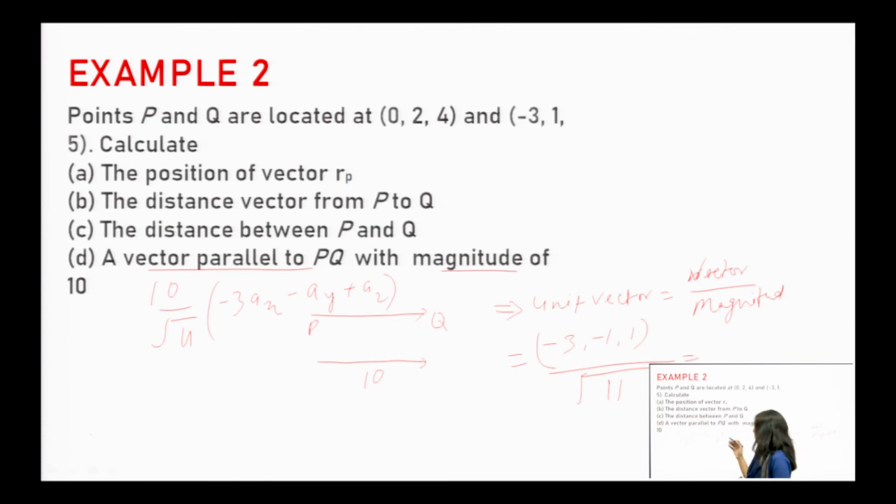Whatever comes after solving this will be the answer of the D part, that is a vector parallel to magnitude 10. Means we need to find the direction, and direction is given by the unit vector. So we have found the unit vector and simply multiplied it with the magnitude that is given already, that is 10.